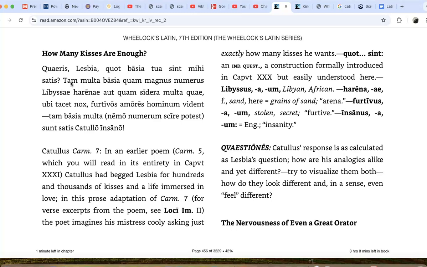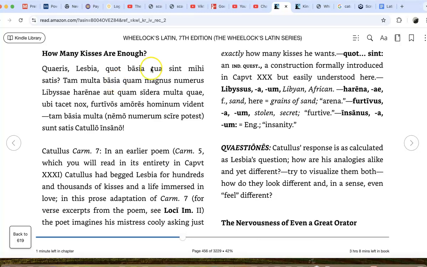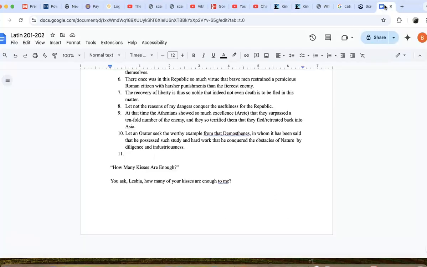As many, or so many that, or so. In this case we have tam multa, so many kisses is how we read tam multa basia. Basia is a neuter noun of the second declension, so it's in the plural. So let's go ahead and write that down.